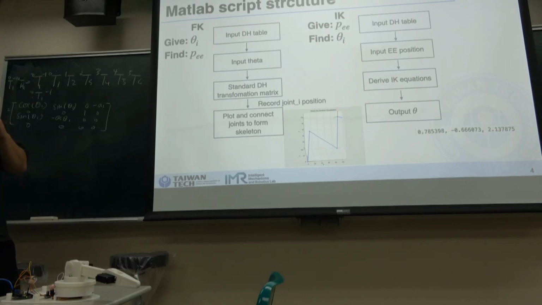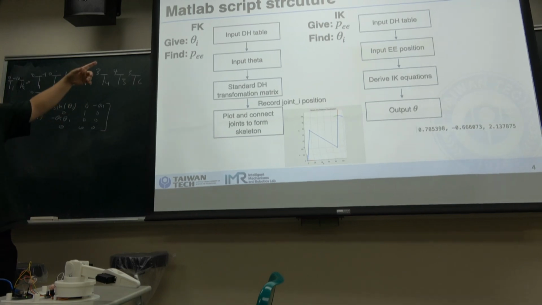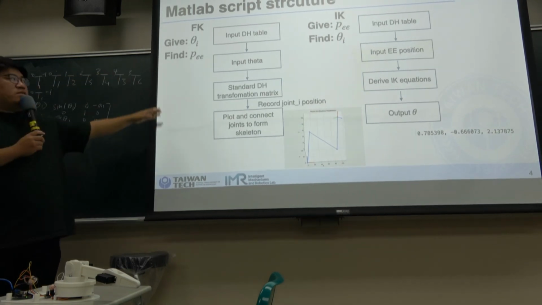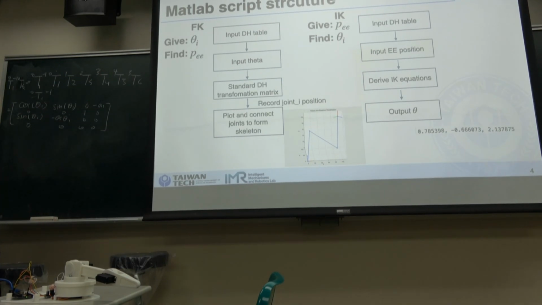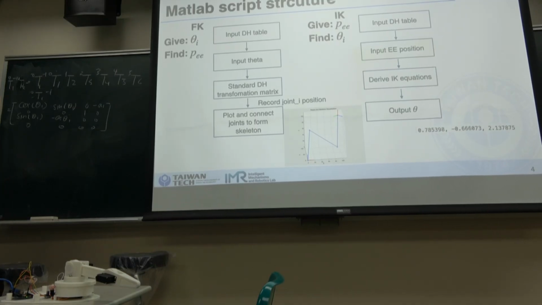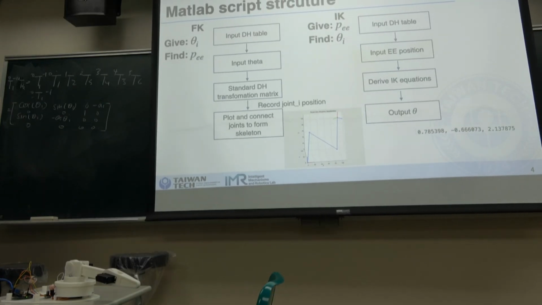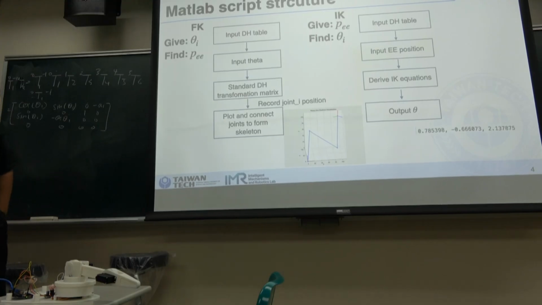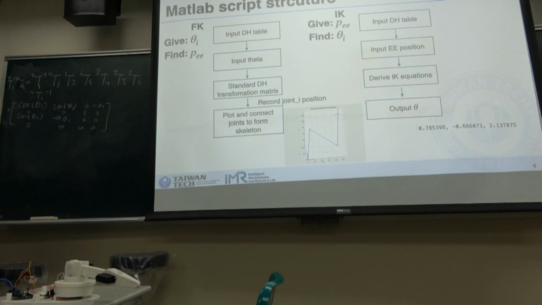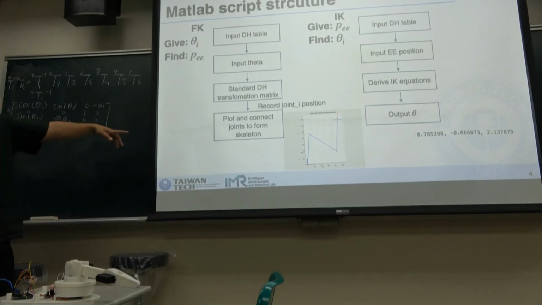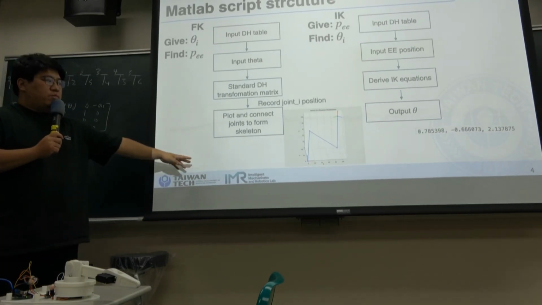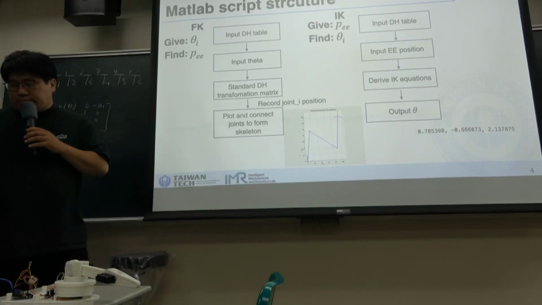After you derive it, your script should output the theta. With the theta you obtain, you can input it into your forward kinematics. The forward kinematics also needs a DH table, and then you input your theta, and then use the standard DH transformation matrices. I believe you can find it in your slides from last week. And then you can plot and connect the joints to form a skeleton, just like this.